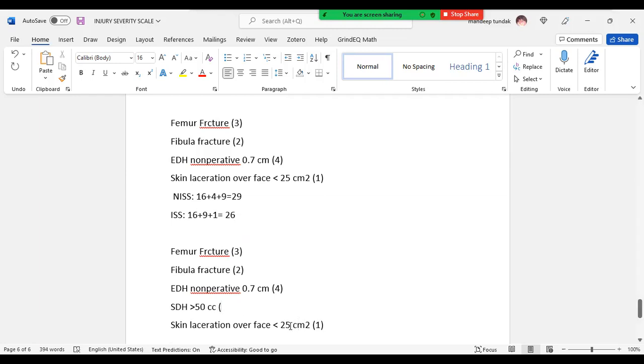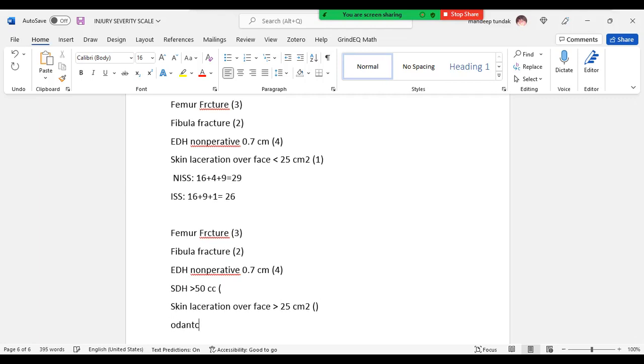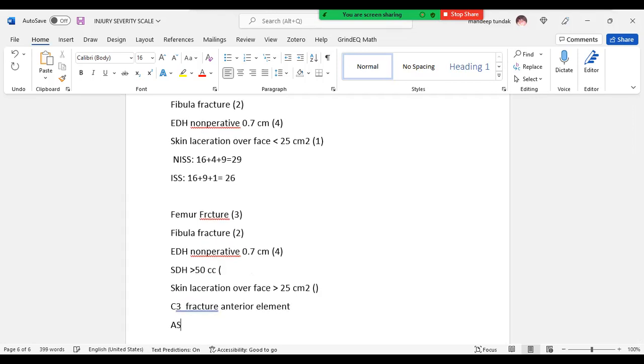He is having a C3 fracture with anterior element involvement, and he is having spinal cord injury, ASIA A, which means obviously the complete injury.